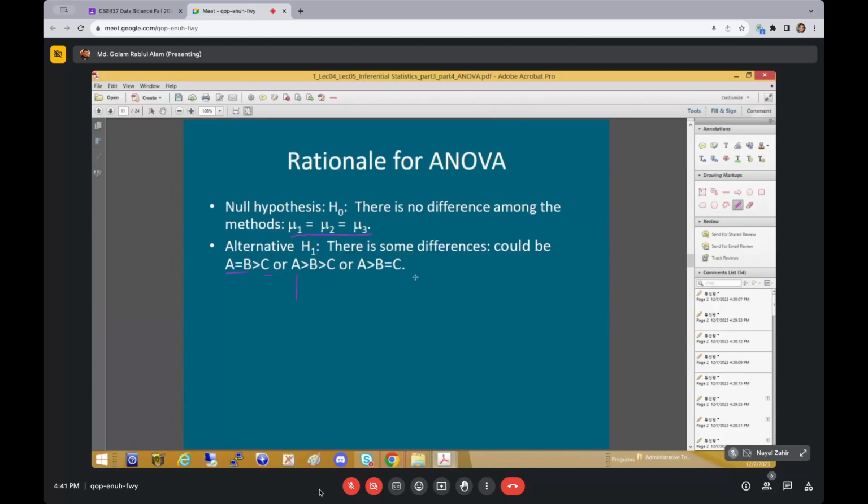This is our null hypothesis: the three methods have the same effectiveness, and the alternate hypothesis is that they have different effectiveness.